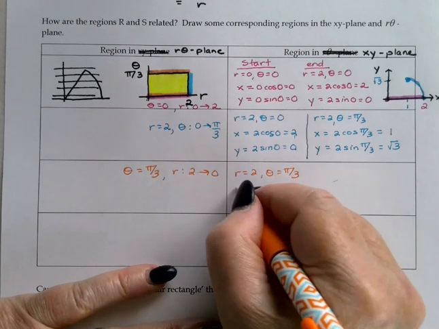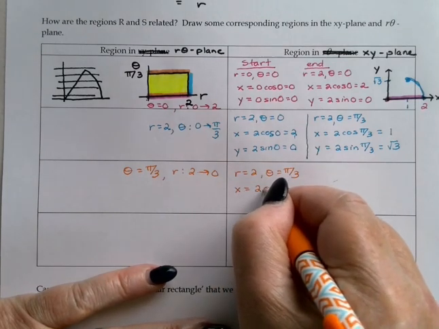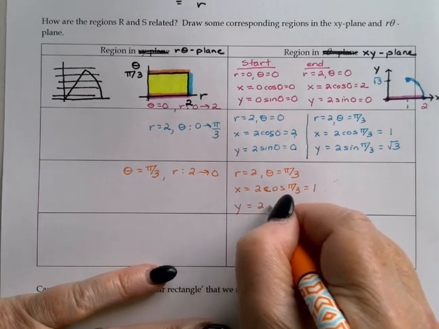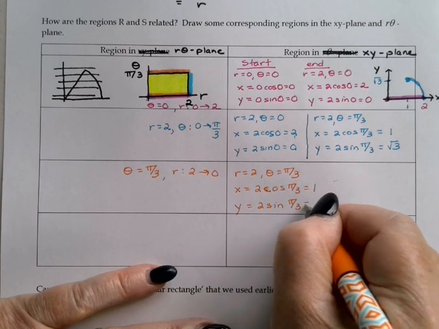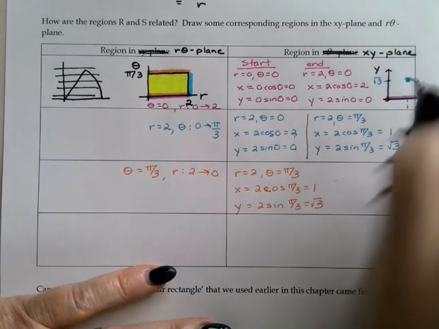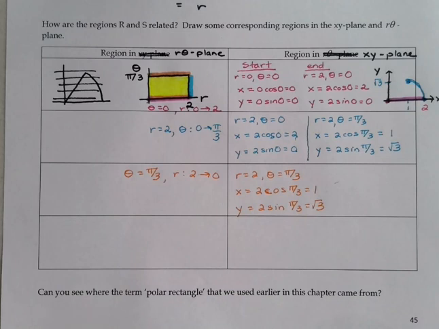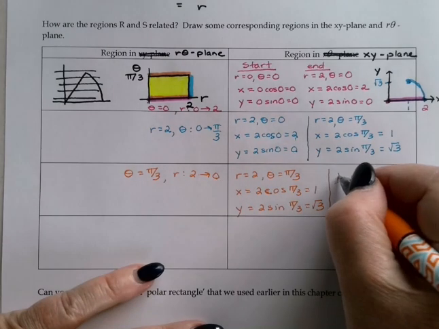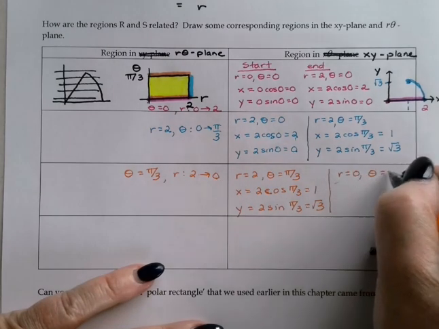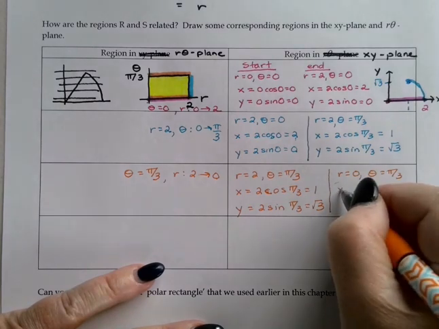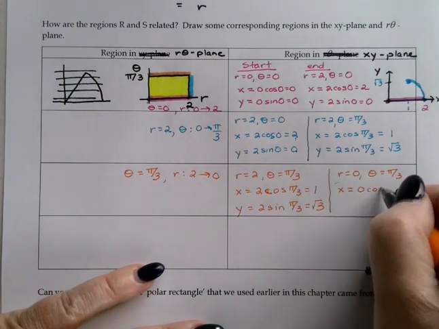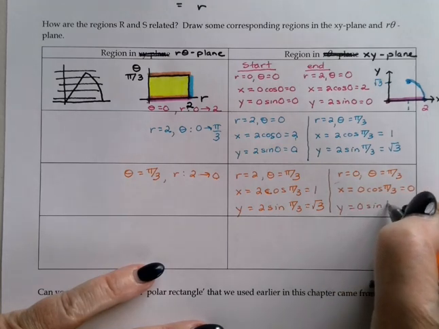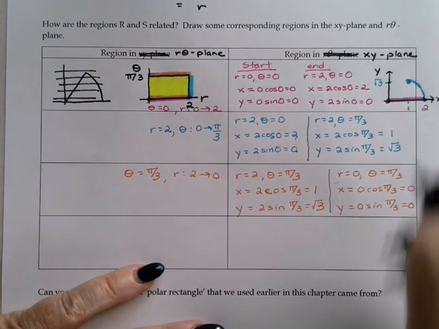It's really the same as this, but I'll write it out again real quick. x is 2 cos pi thirds, which is 1, and y is 2 sine pi thirds, which is the square root of 3. So I start right where I left off, which is a good thing, right? And then where do we end? r ends at 0. Theta is still pi thirds. But that means x is 0 cos pi thirds, which is 0. And y is 0 sine pi thirds, which is also 0. So I end at (0, 0).